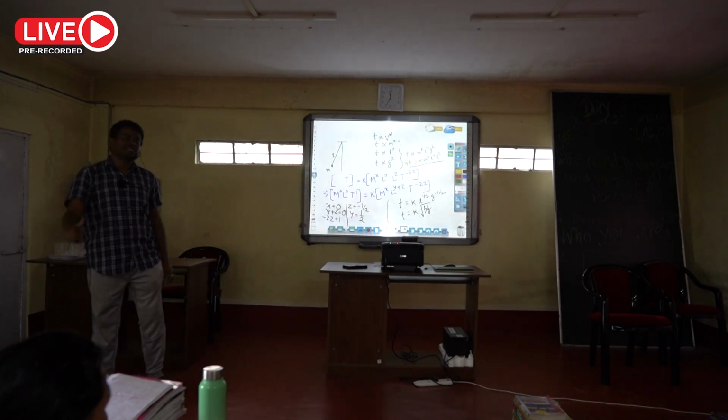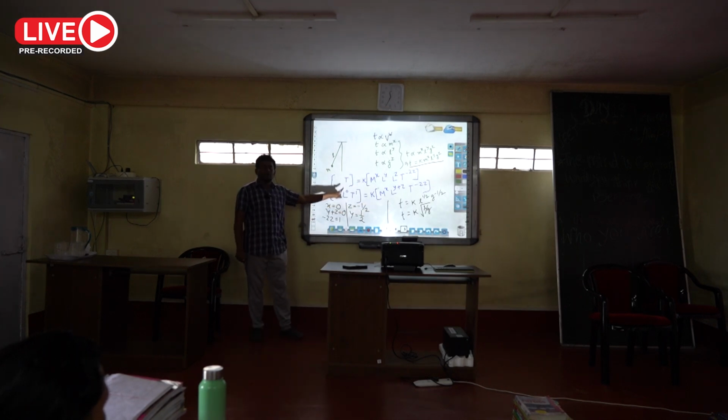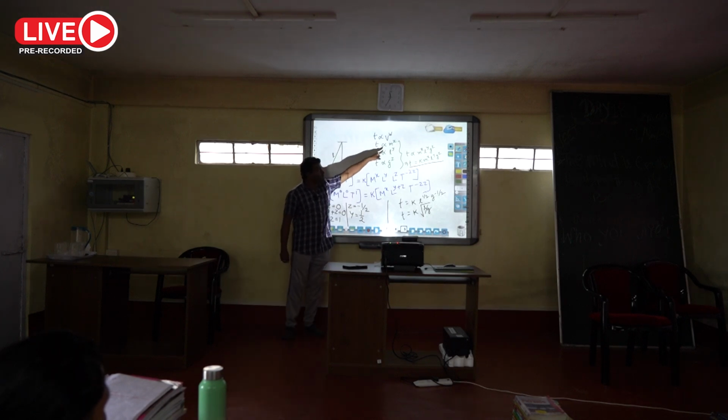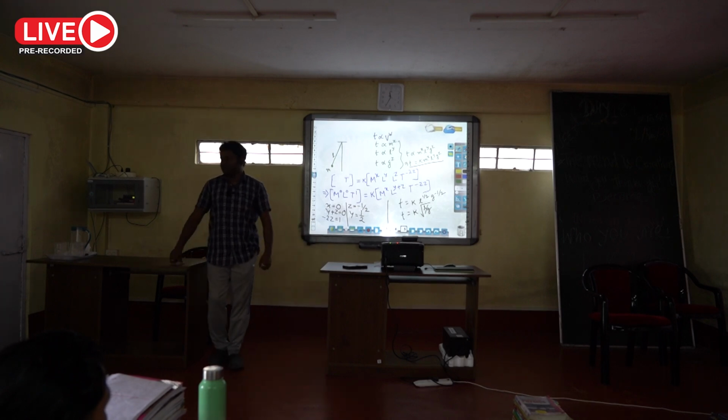See how many equations you will get by equating the dimensions. 3 equations. Because power of m, power of l and power of t, you will equate from both sides. So this will lead you to 3 equations. And see, unknown quantities are w, x, y, z. That is 4. 3 equations, 4 unknowns. It cannot be solved.